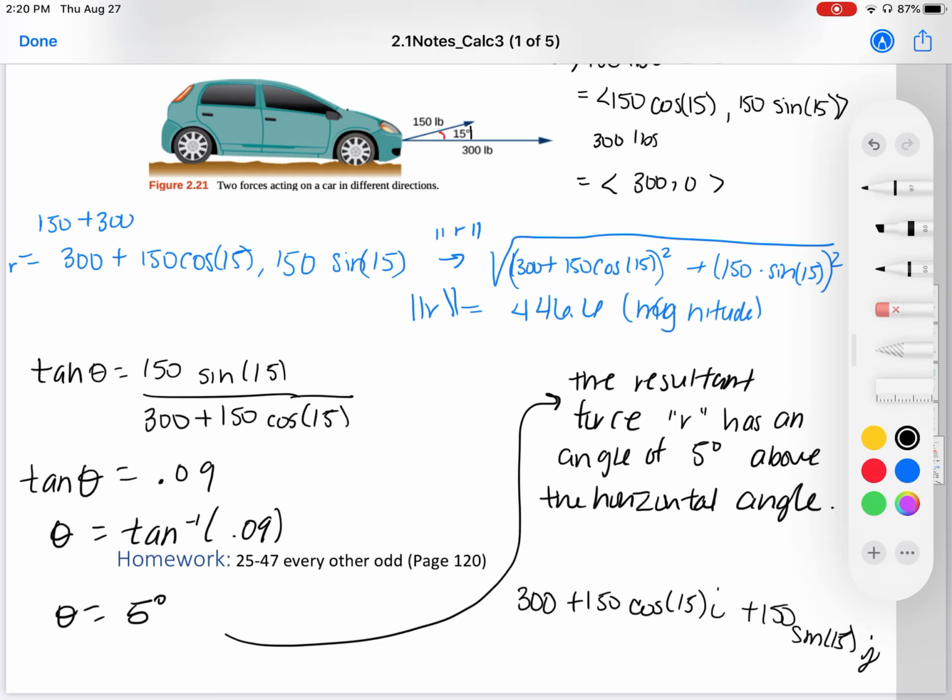I know this question is kind of weird, but now we can see how we would use this in an application type of problem.